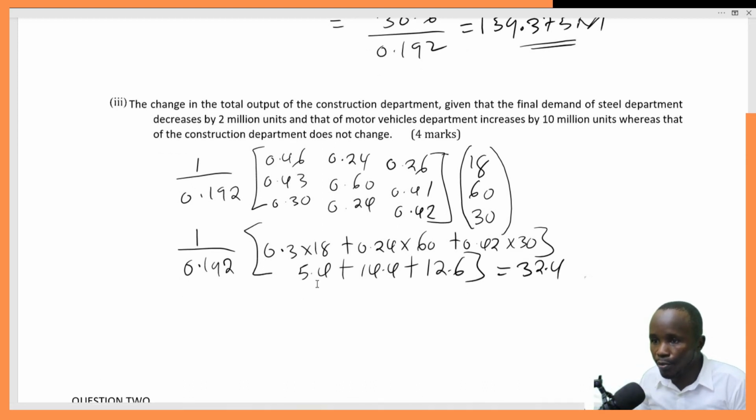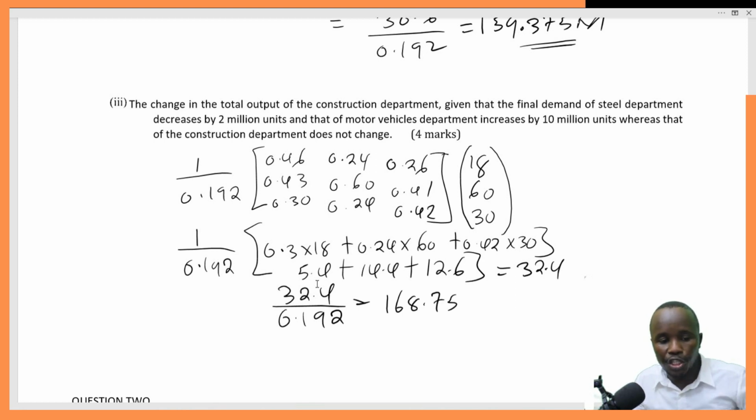So the new output for this department is 32.4 divided by 0.192. This gives us 168.75. So what is the change here?